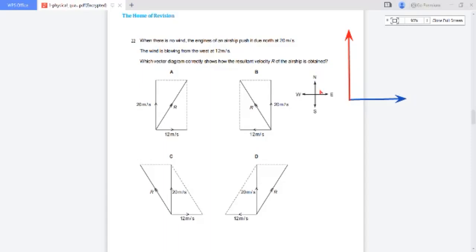Now which vector diagram correctly shows how the resultant velocity R of the airship is obtained? You know that we can simply do it with the head to tail method. I'm going to drag it from here to here, and our resultant vector would be like this.